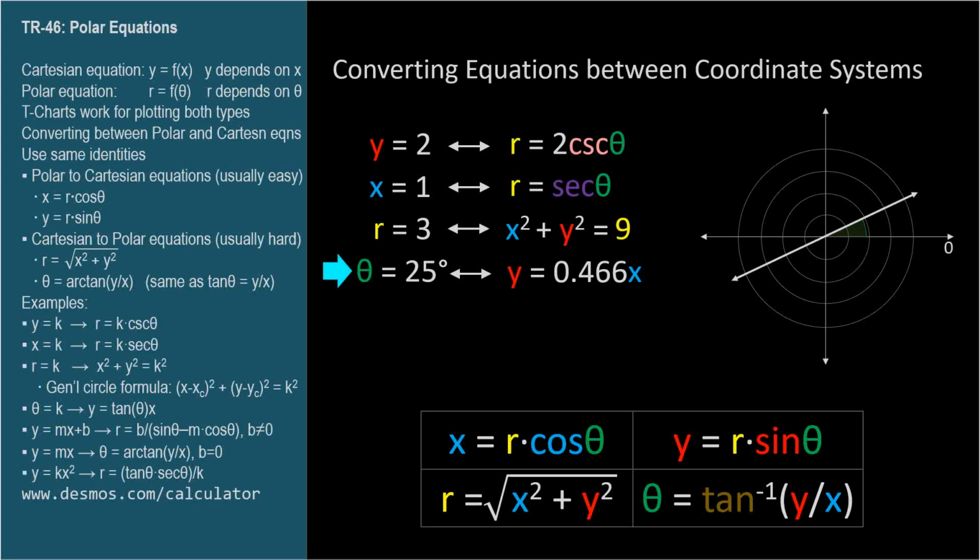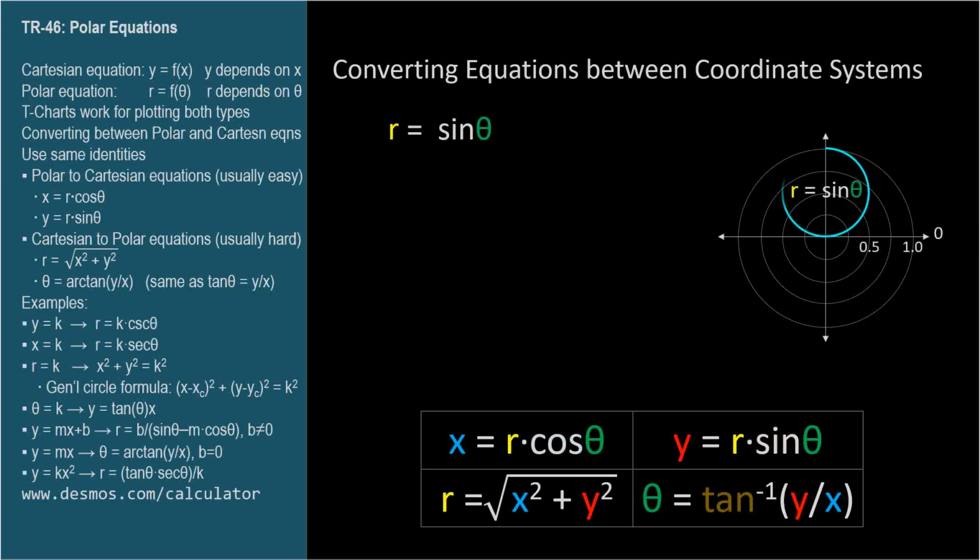Now let's convert that more interesting polar equation, r equals sine theta. Fair warning, the first four sample equations all converted simply. As a rule, converting Cartesian to polar equations is pretty easy, but converting polar to Cartesian equations can require a good bit of algebra, so don't forget your algebra.